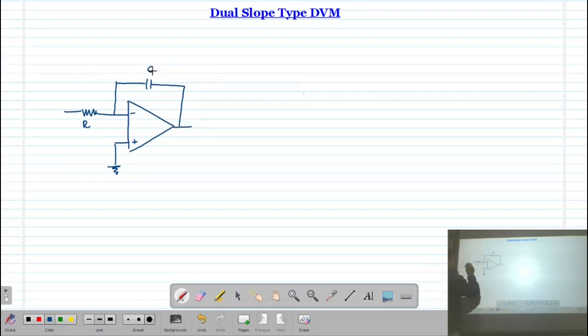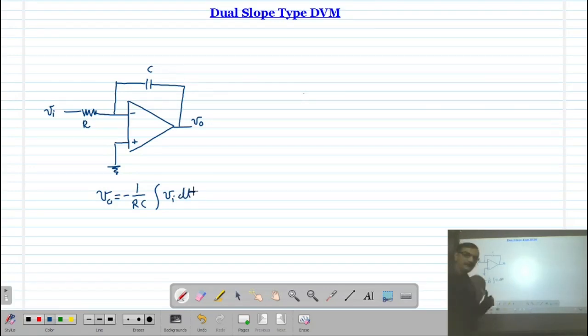Here we apply the input voltage, and here we have the output voltage. For the integrator, you have already derived the expression that the output voltage is equal to minus 1 upon RC integration of Vi dt.